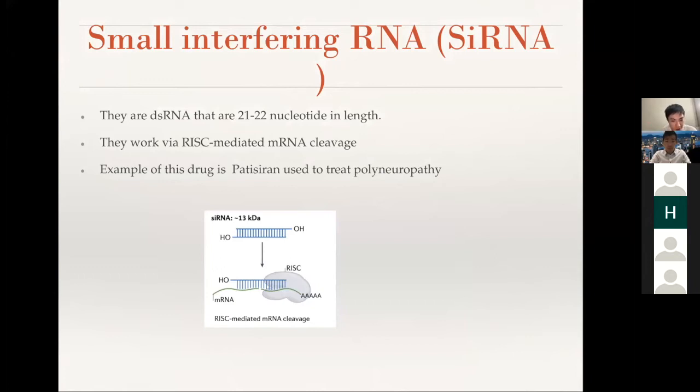Then the RISC binds to the corresponding mRNA as directed by the siRNA to mediate the cleavage. An example of this drug is patisiran, used to treat a condition called polyneuropathy.